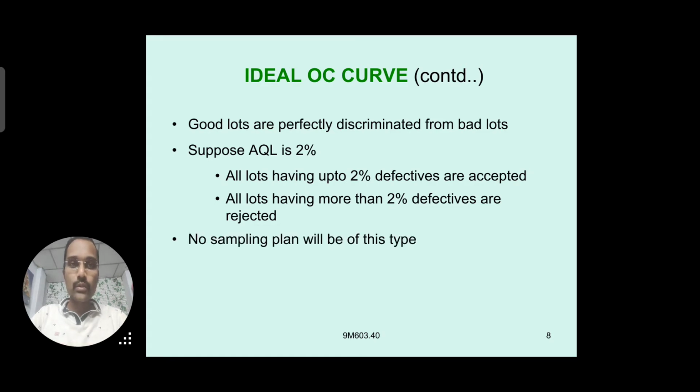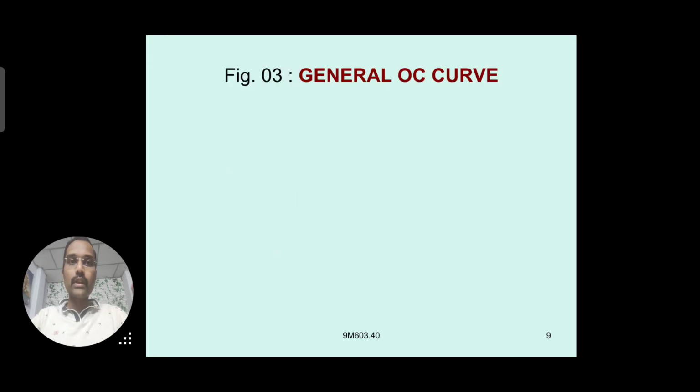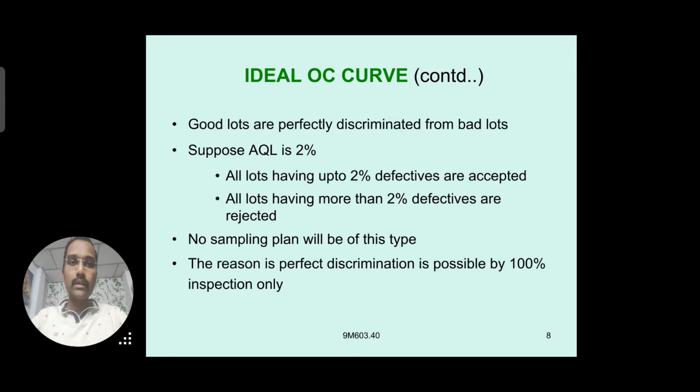Very simple to understand. But no sampling plan will be there of this type. Why? Because perfect discrimination is possible by 100% inspection only. If you do 100% inspection of all the products, you can justify which is a bad lot and which is a good lot.